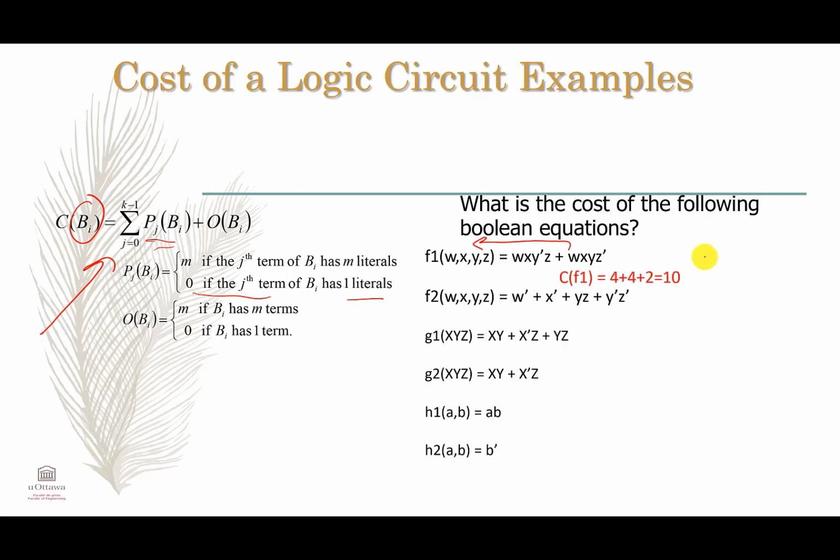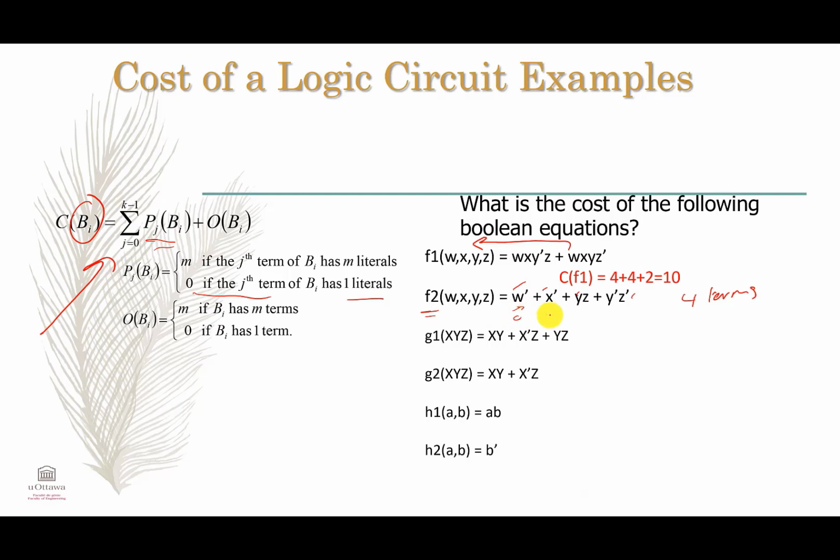Okay, so what about another example? Let's suppose I would like to calculate the cost of function f2. Function f2 is a tricky one because it has 1, 2, 3, 4 terms, all of them in the sum of products notation. The first term has only one literal, so the cost to implement that term will be equal to 0.